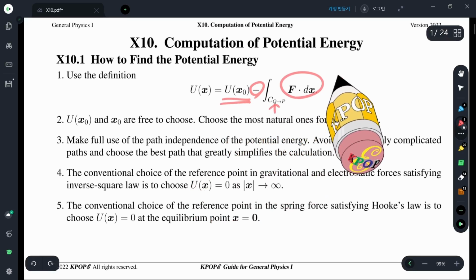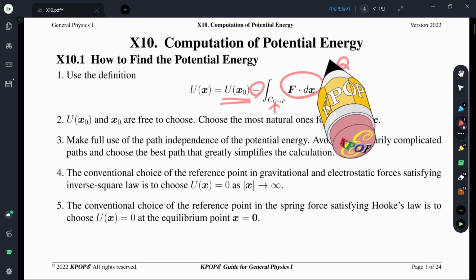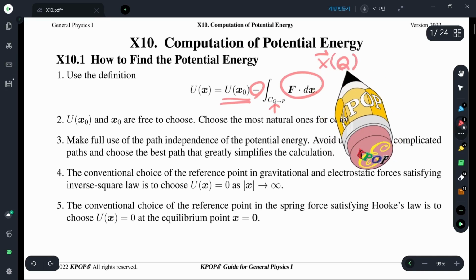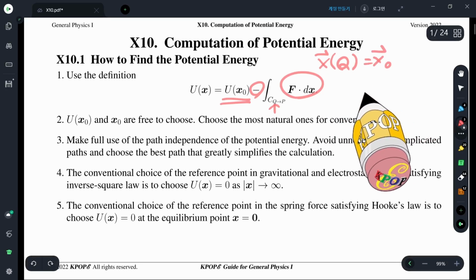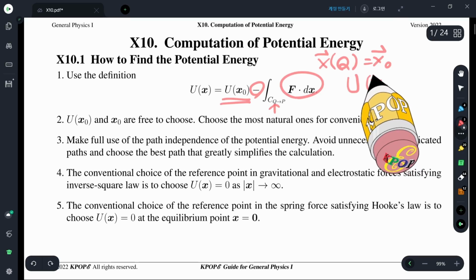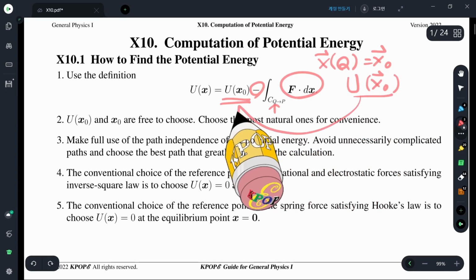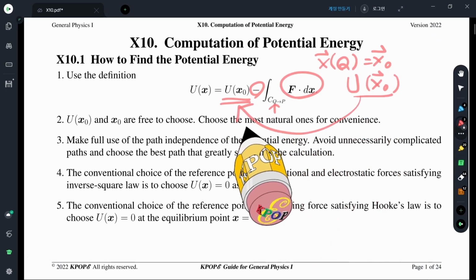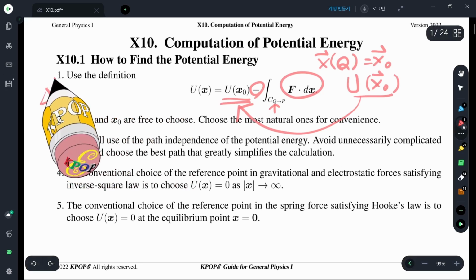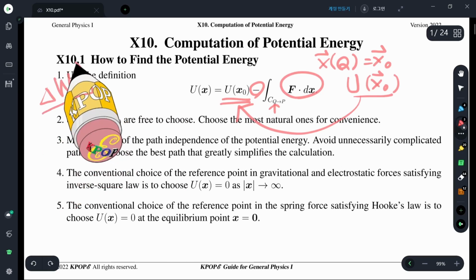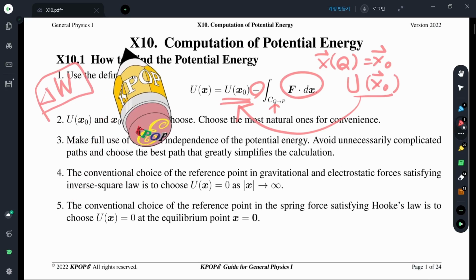And here, this point Q is the reference point, and the position vector of point Q is the reference point, and the value of the potential energy at the reference point is necessary to define. However, the physically meaningful one is the work during the displacement.